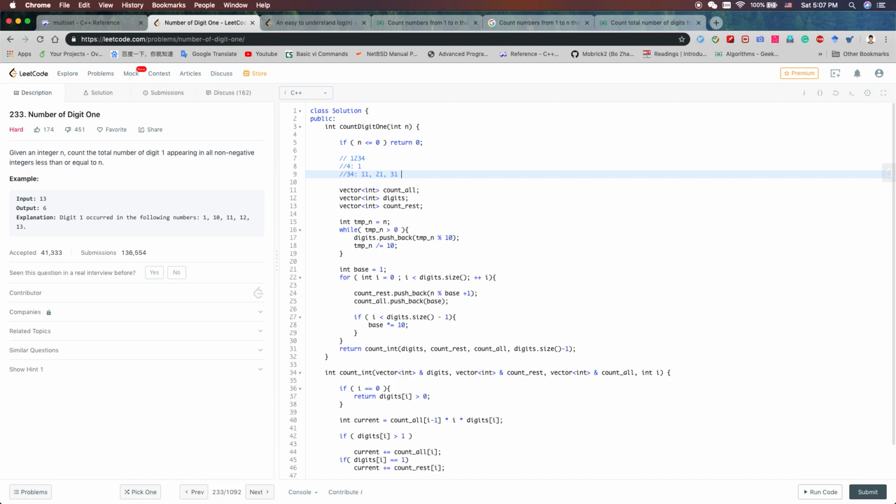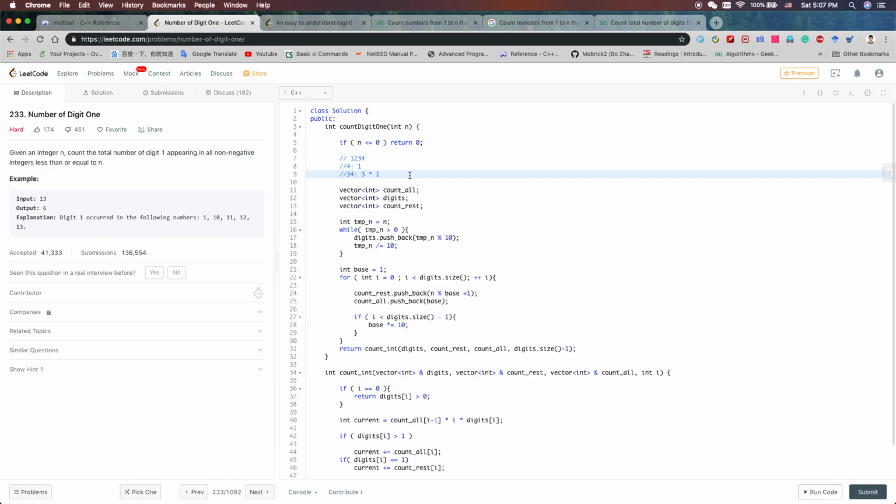So we should count these 3 numbers, right? So the first part is, in the second base we have 3, so we multiply by the number of numbers that contain digit 1 in the first base, which is 3 times 1.